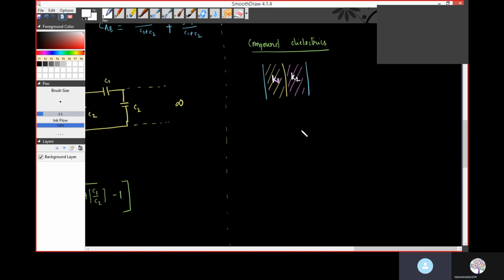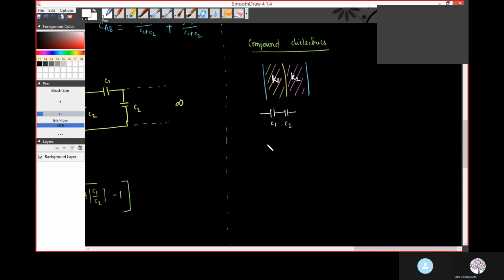Now here what you can do, we can write it like this is capacitor C1, this is capacitor C2, connected in series.